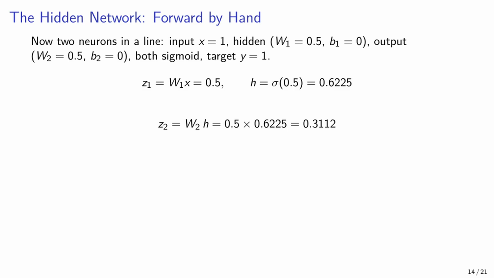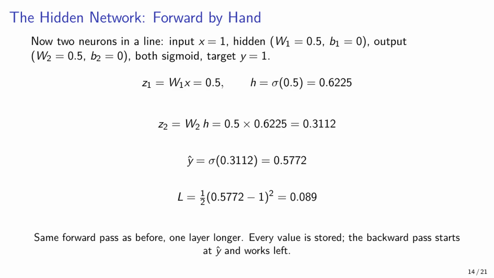Second layer, z2 is the output weight times the hidden value, 0.5 times 0.6225, which is 0.3112. The prediction y hat is the sigmoid of 0.3112, which is 0.5772. And the loss is 1/2 times the difference from 1 squared, which comes to 0.089. It is the same forward pass as before, just one layer longer.